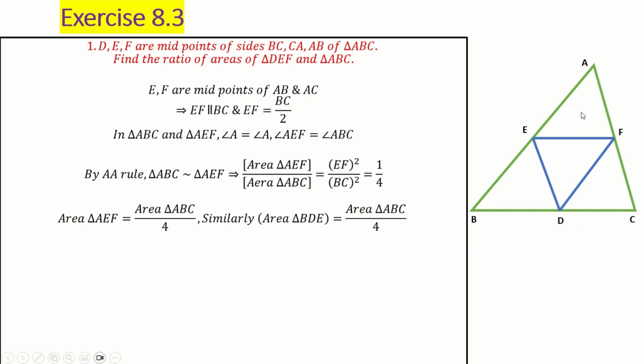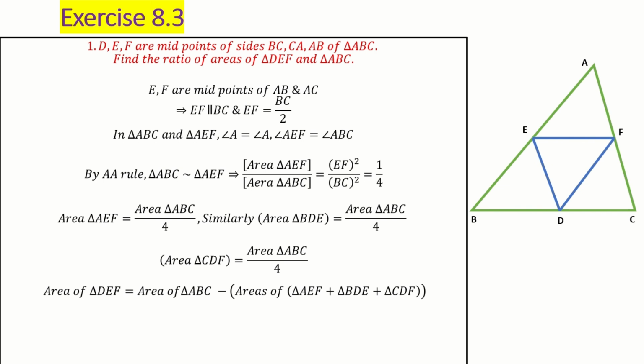So these three areas are 1/4, 1/4 and 1/4, which means what is the remaining area? This has to be 1/4, correct? 1 minus 3 by 4, which is 1/4. So area of DEF equal to 1/4 of area of ABC. And just for your information, all four are similar triangles. You can prove very easily all four are similar triangles.